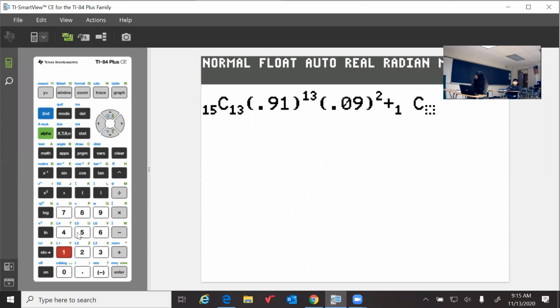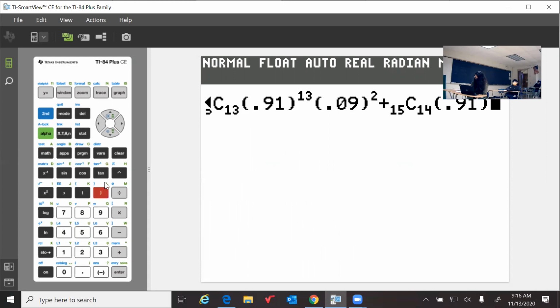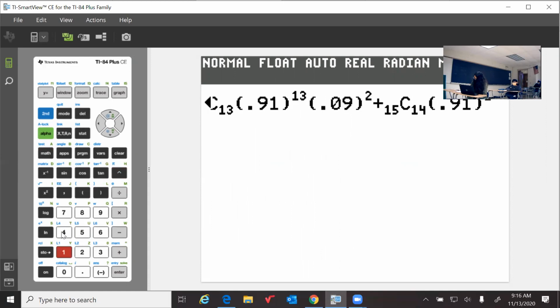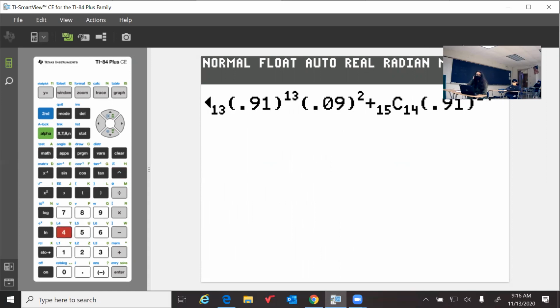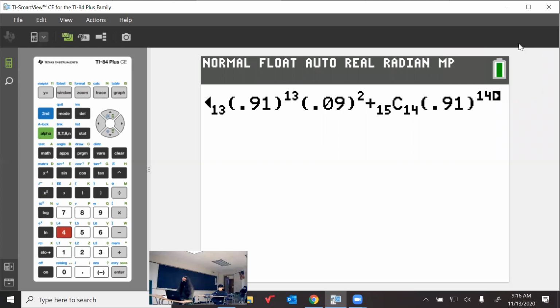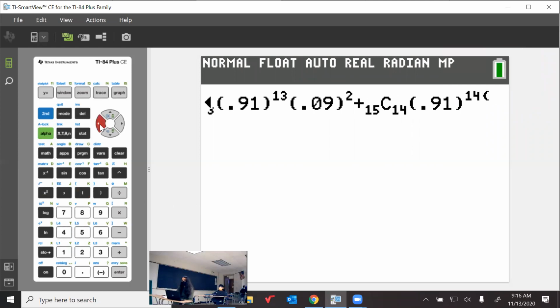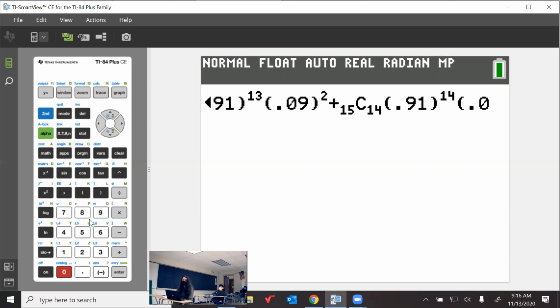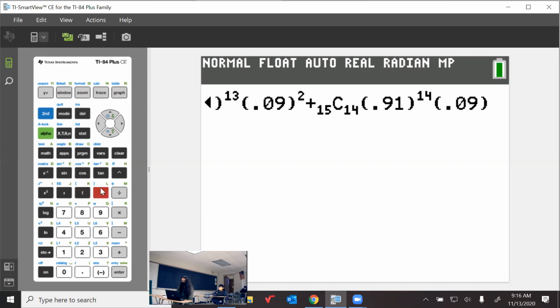15 choose 14. There is no easy way to copy and paste this. Times 91% to the 14. And again, I don't want you doing this, so I don't really care that this is running off the screen, because I don't want you remembering this. 0.09 to the 1.